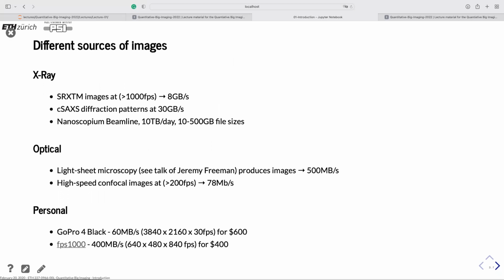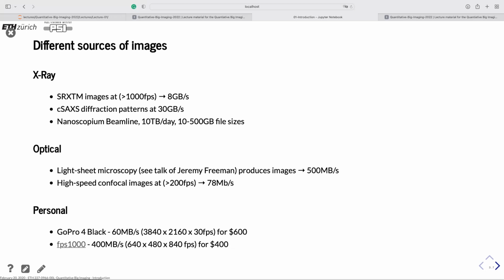Then we have different sources of images. We have X-ray images that produce data rates up to 10 terabytes a day. We have optical imaging, which produces 500 megabytes per second in extreme cases. But that needs to be reduced pretty quickly at source, otherwise you will not have a chance to handle it.